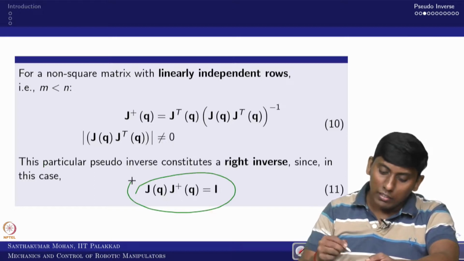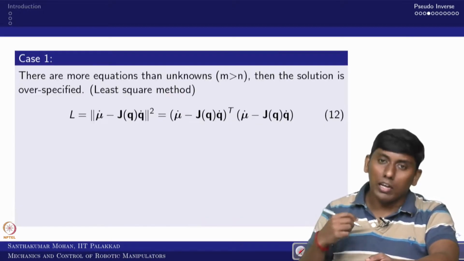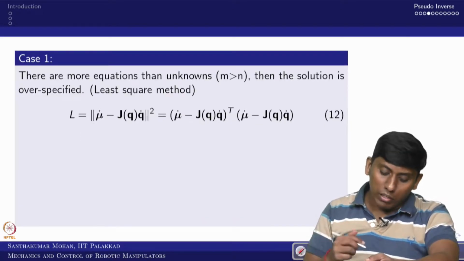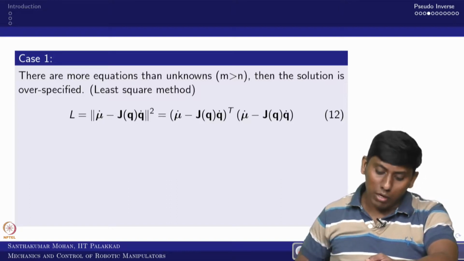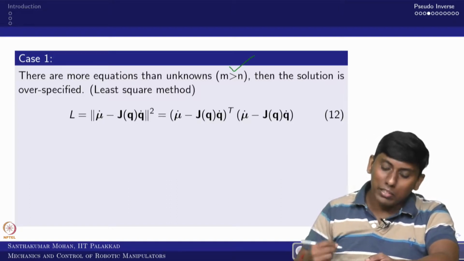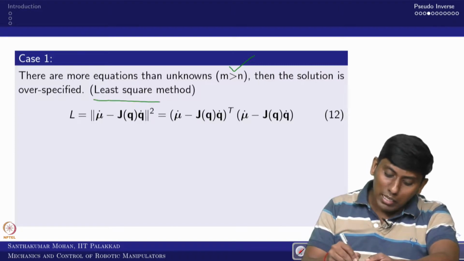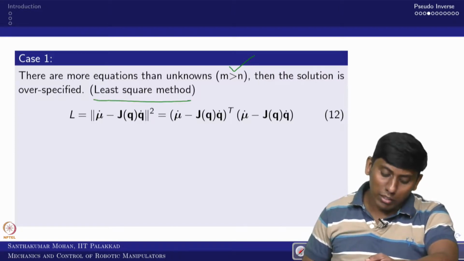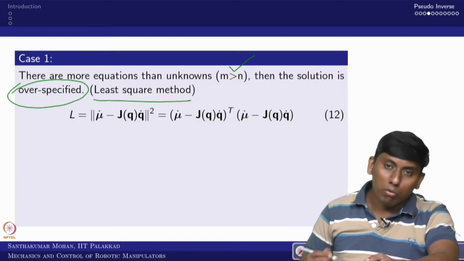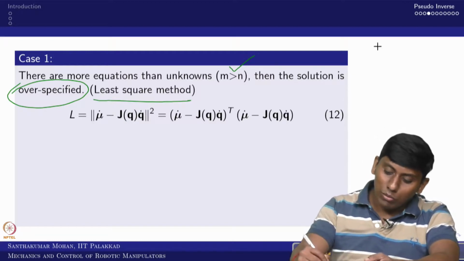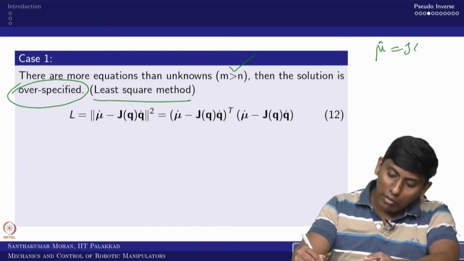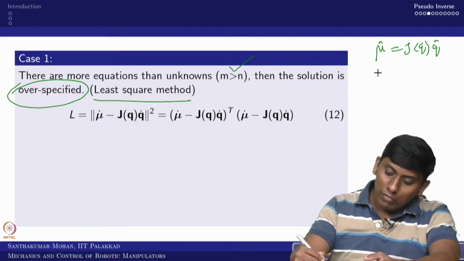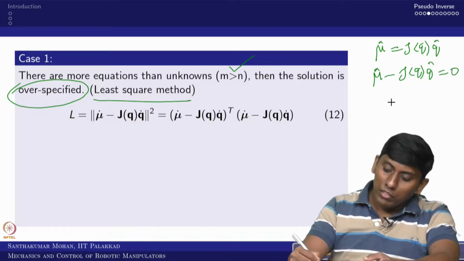Now let us see how this has come. For that we take case 1, where m is greater than n. This can be solved with the least square method. In this case the situation is over specified. We have mu dot minus J of q into q dot, which we would like to be 0.